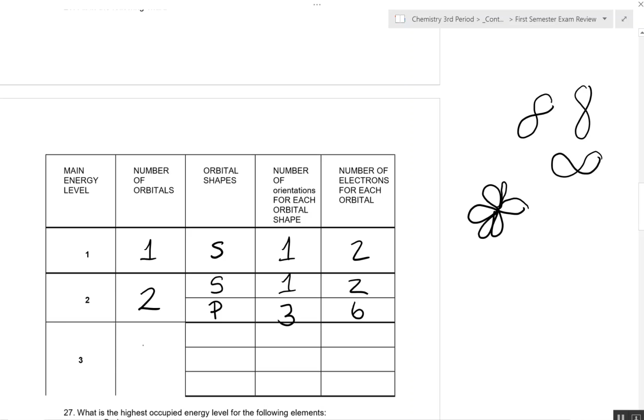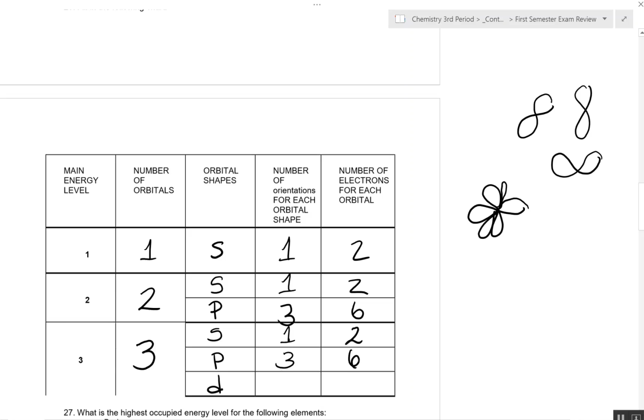And the third energy level. 3 orbitals, S, P, D, and it's 1, 3. It might be easier to work backwards. S's always have 2.